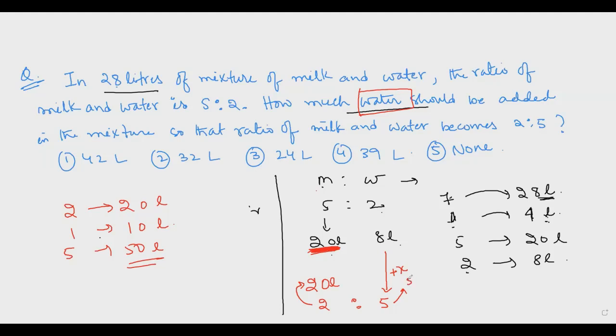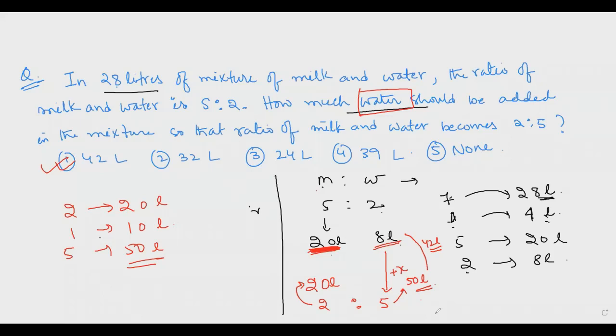So 5 is nothing but 50 liters. Now, initially, how much water did we have? 8 liters. Now it is 50. So how much was added? 42. So the correct answer is 42.